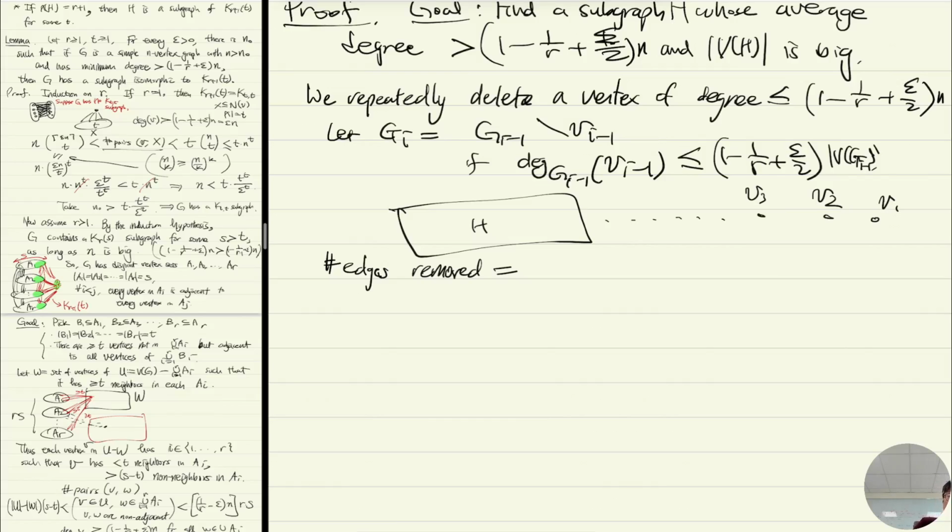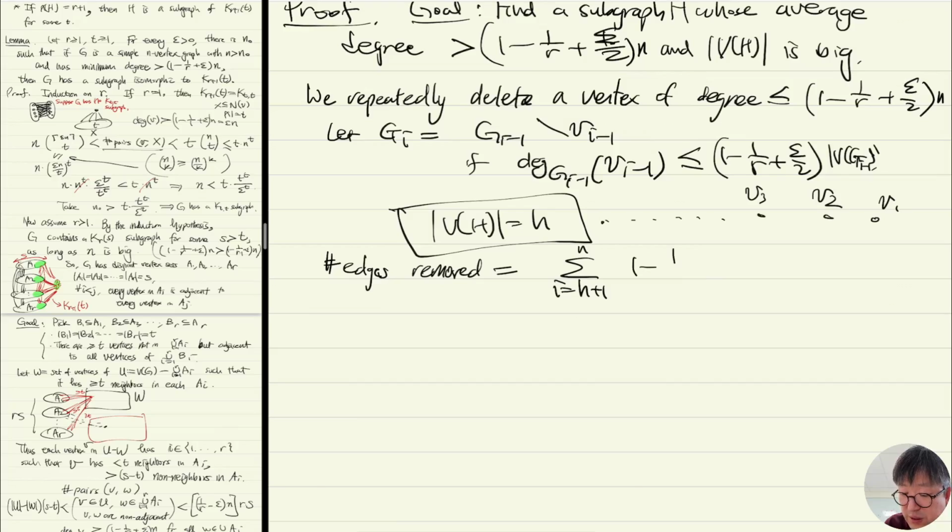Each time, whenever we delete a vertex, we delete a small number of edges, right? So let's say v of h is h. Initially I had the n vertices, so this is from h plus 1 up to n.